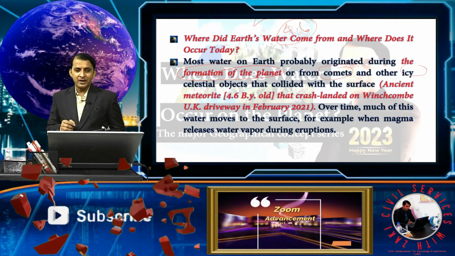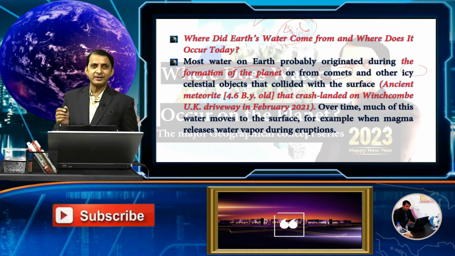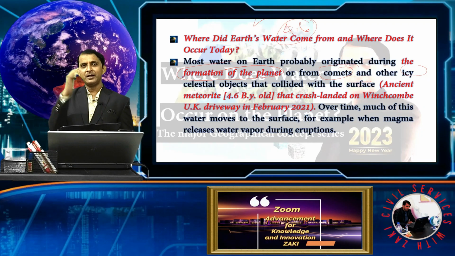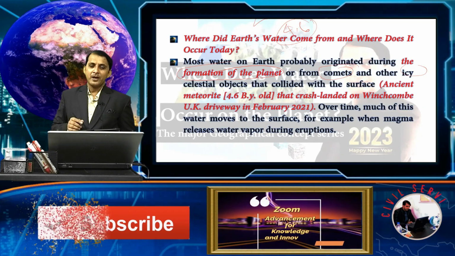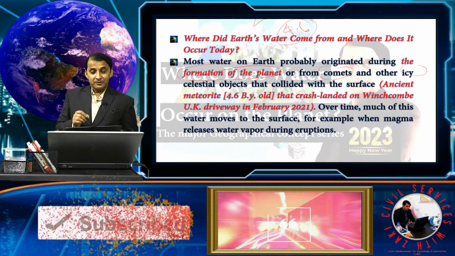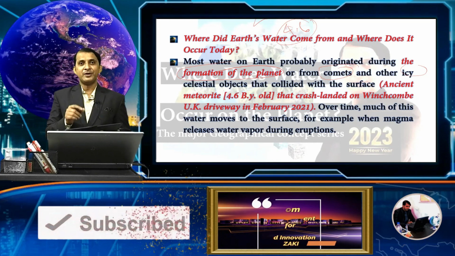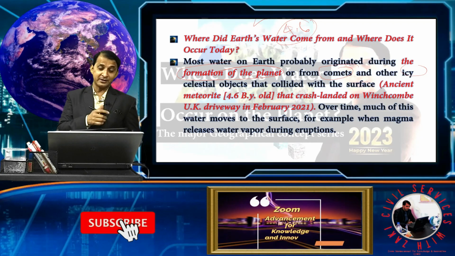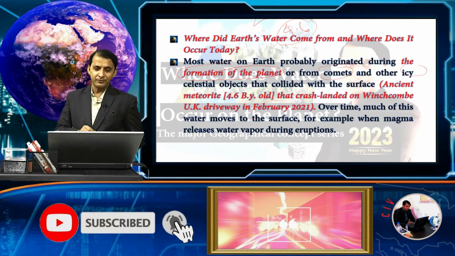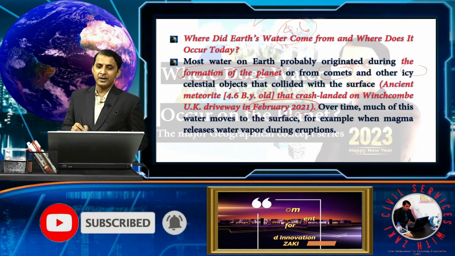So as you know, the ancient Earth frequently collided with these types of meteoroids and icy celestial bodies. The most prominent evidence was found in recent years, in February 2021.